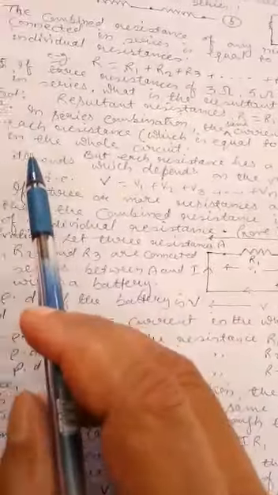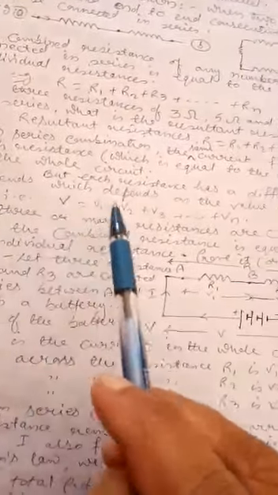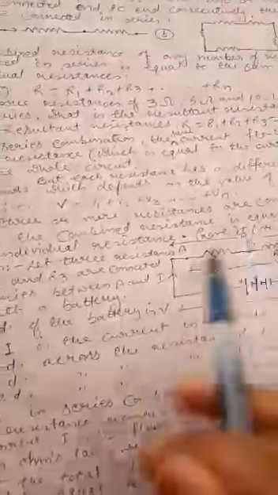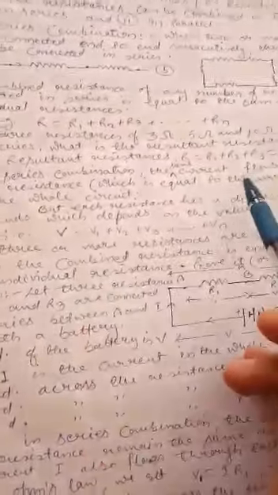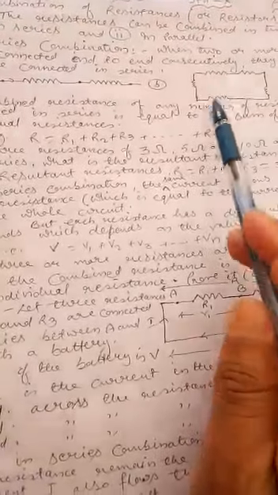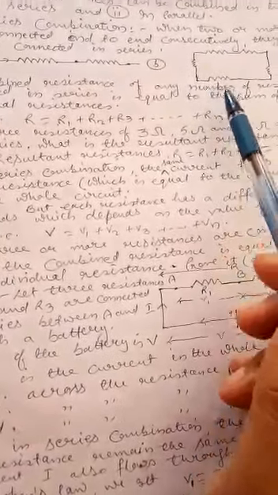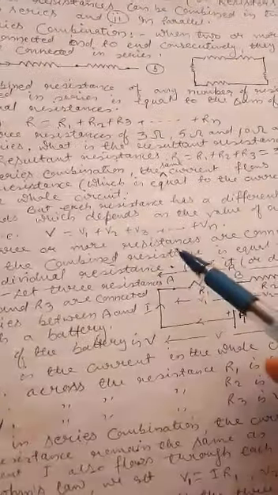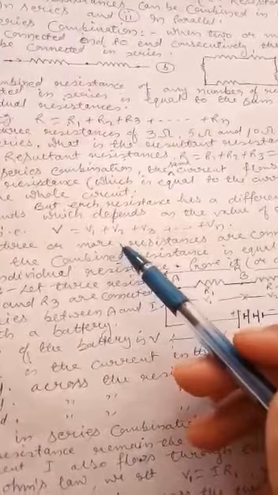Now we can say that each resistance has a different potential difference across its ends, which depends on the value of the resistance. Suppose V1, V2, V3 up to Vn are the potential differences across the different resistances.